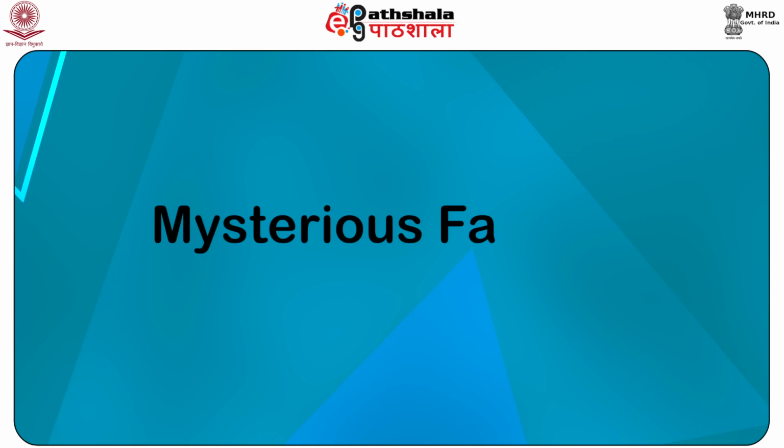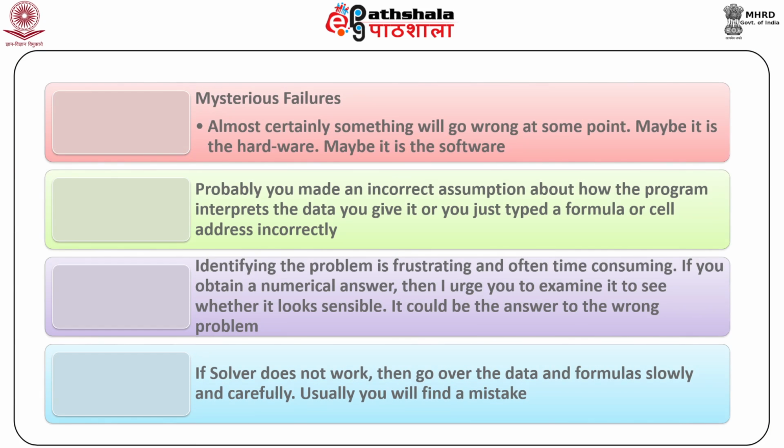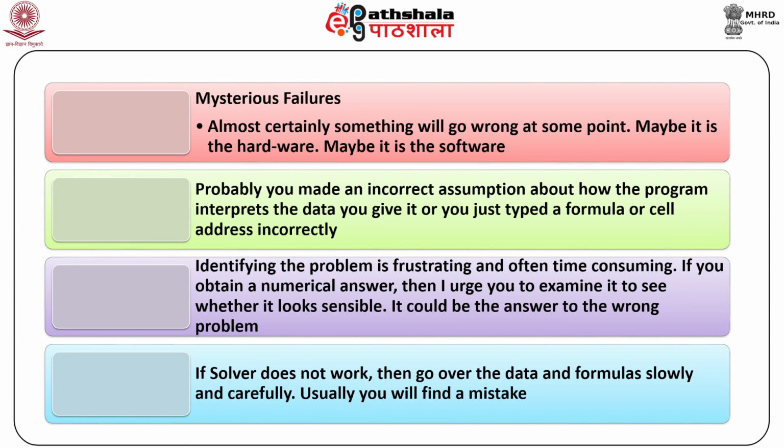Third, mysterious failures. Almost certainly something will go wrong at some point. Maybe it is the hardware. Maybe it is the software. Probably you made an incorrect assumption about how the program interprets the data you give it, or you just typed a formula or cell address incorrectly.